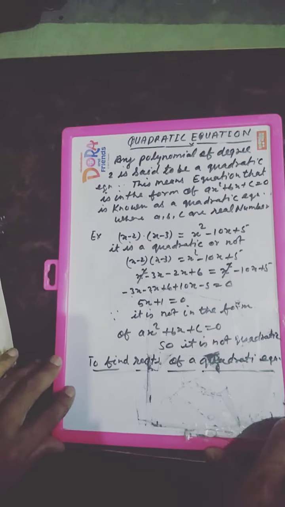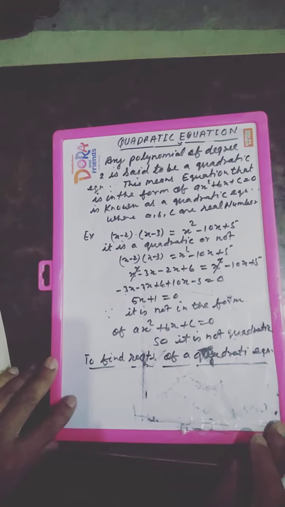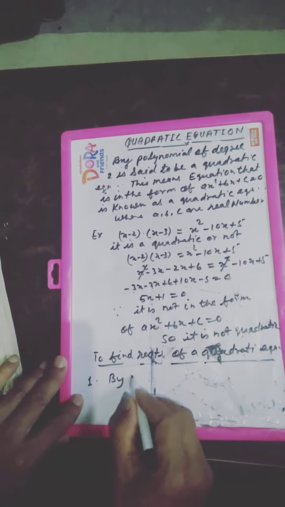So basically there are two methods by which we can find out the roots of a given quadratic equation. Method number one, by factorization.